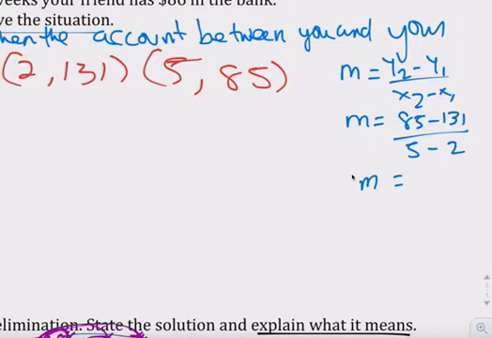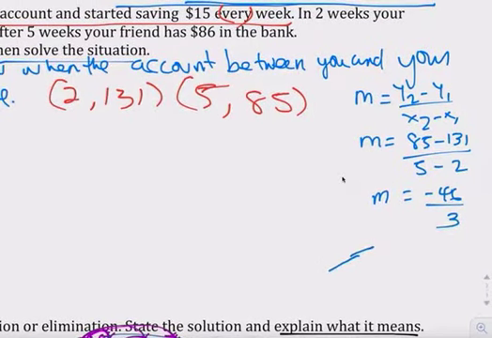No, not 51. 85 minus 131 is negative 46 over 5 minus 2, positive 3. Divide that. It doesn't go in, so you keep that as your rate of change. He's going down $46 every 3 weeks.